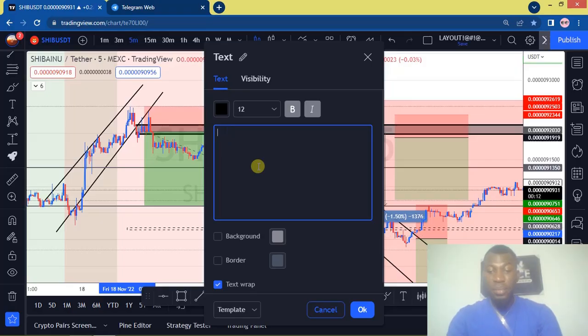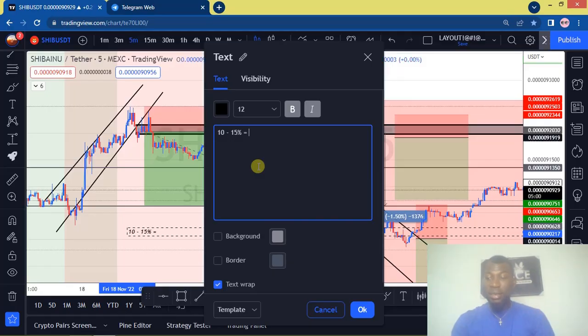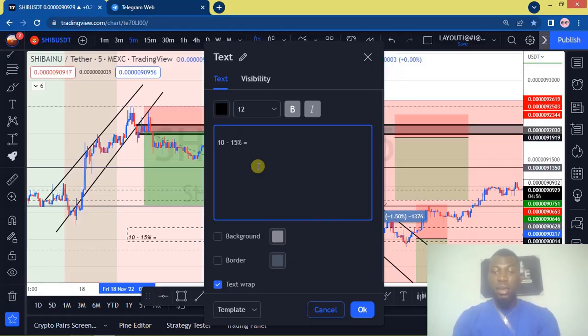We have 10 to 15%. When your trade does 10 to 15%, just know that on 10x, let me put it down so that it will be very clear.